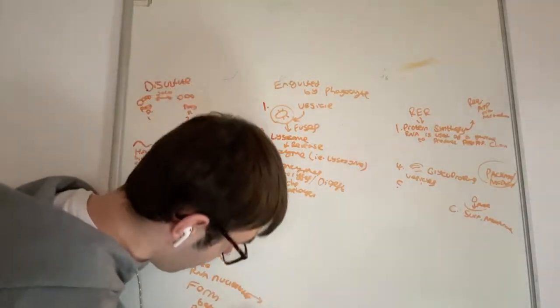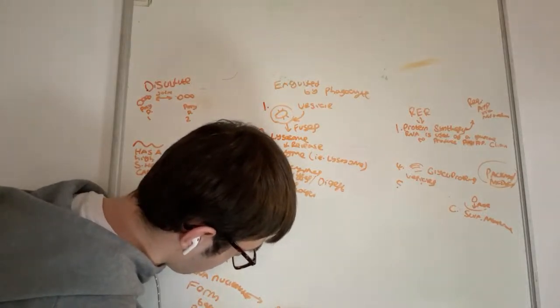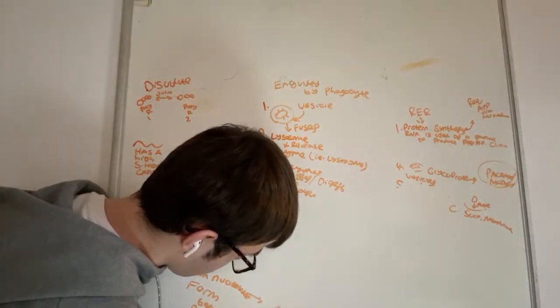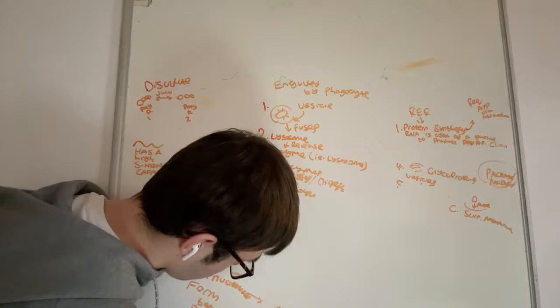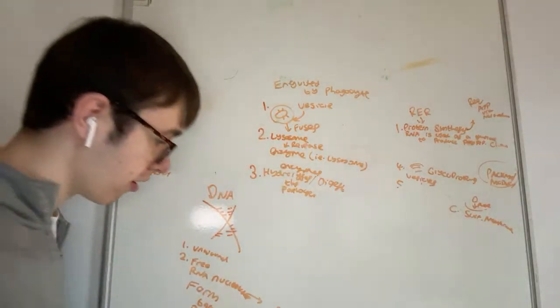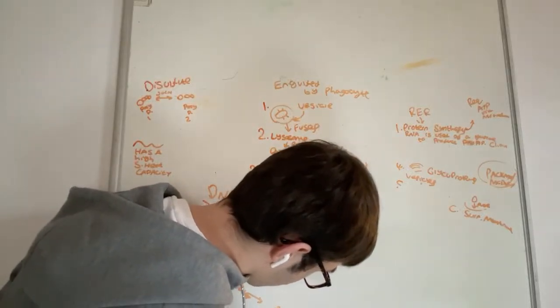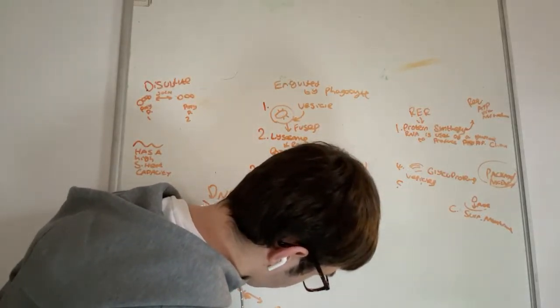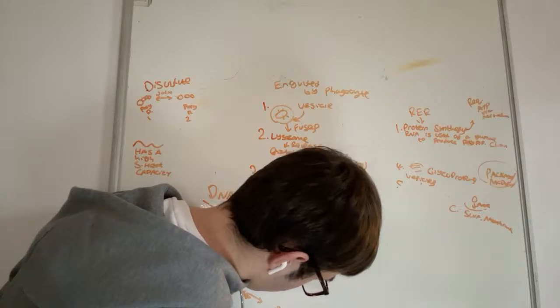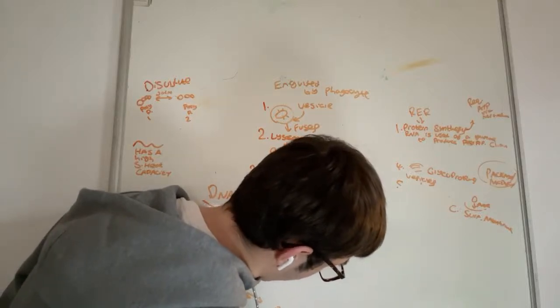Phosphodiester bonds form. And then that is because of RNA polymerase. So that's how you get your messenger RNA.